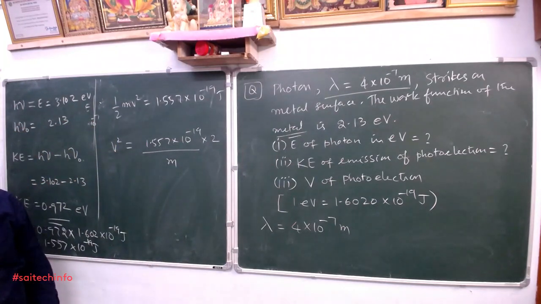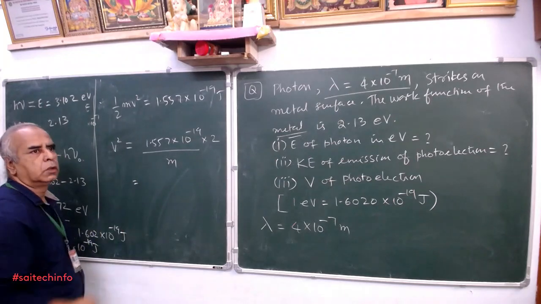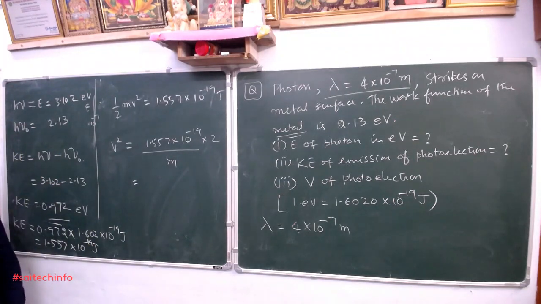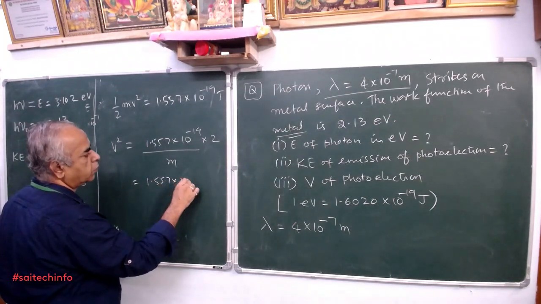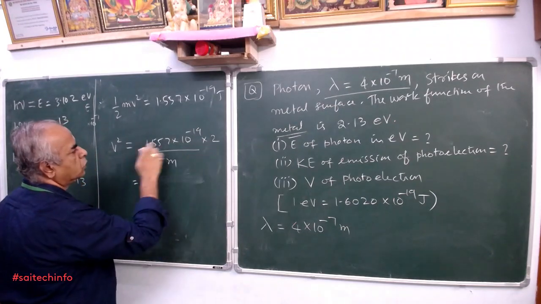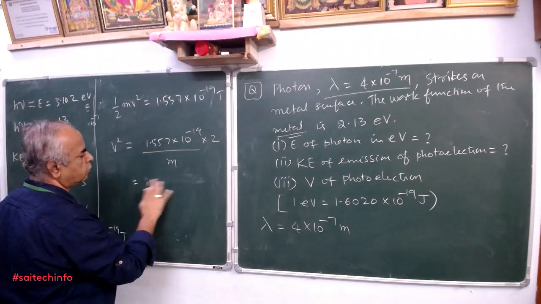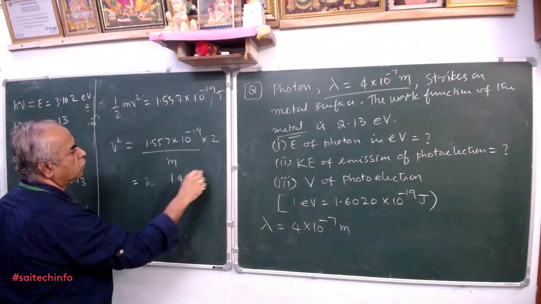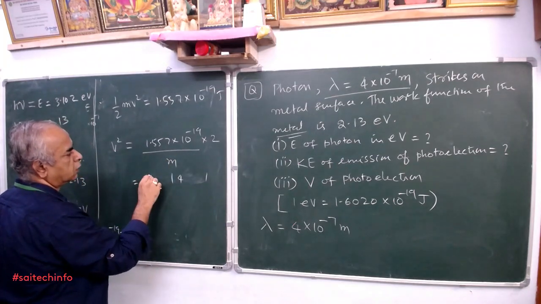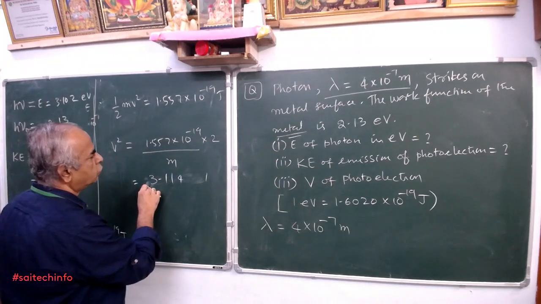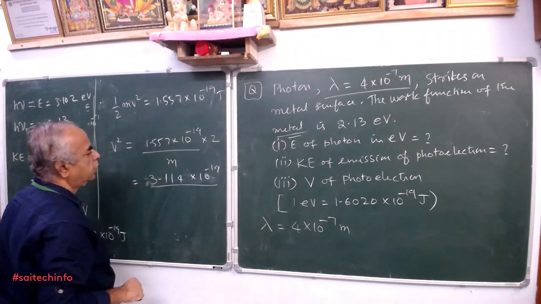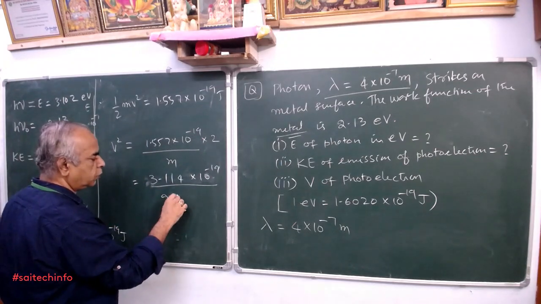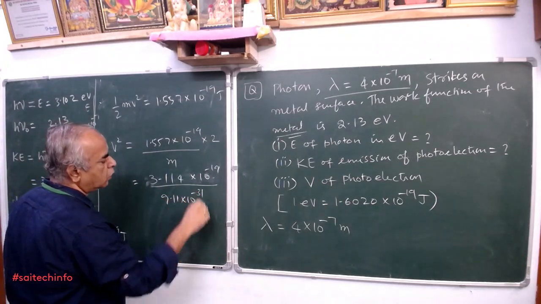And what is the mass of electron? 9.1 into 10 power minus 31. So multiplying 2 times 1.557, we get 3.114 into 10 power minus 19, divided by the mass of electron, 9.11 into 10 power minus 31 kg.